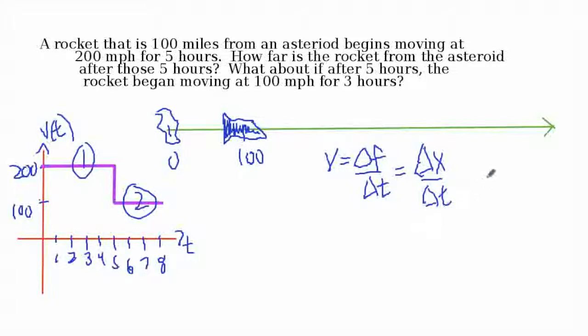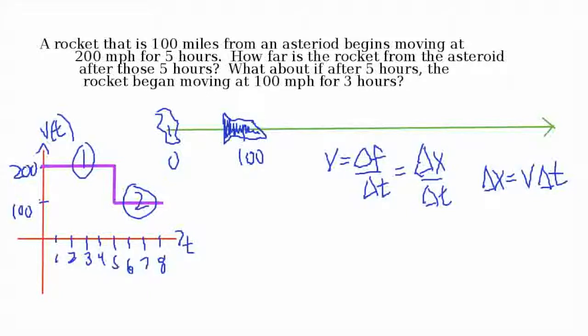So how much did the X change? Well, it was velocity times the change in time. Now what you're going to do is add that to the 100. The final position is not equal to delta X. The final position is equal to 100 plus the increase, plus the change, delta X.